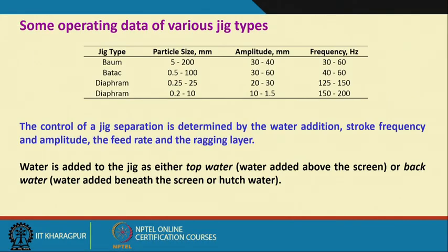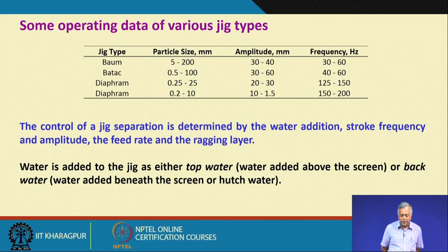Some of the operating data of various jig types, again I would like to show you. That was for a coal jig, and this is some of the operating data from jigs by different manufacturers, or of different types. It is called the Baum jig.